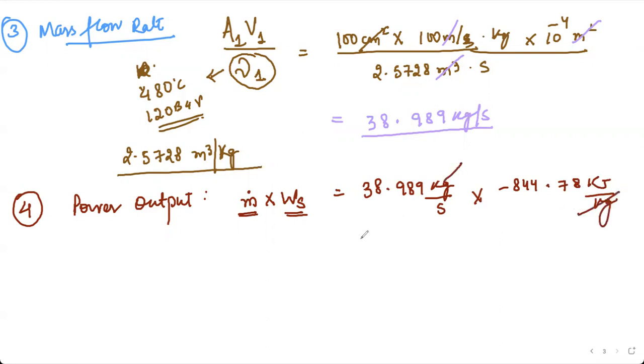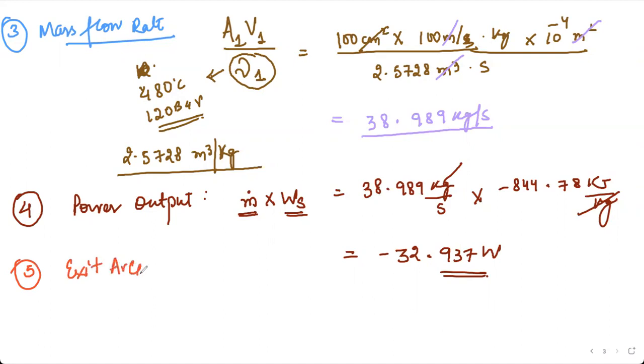Kg gets cancelled out. We get kilojoules per second, which is accounted as kilowatts, minus 32.937 kilowatts.